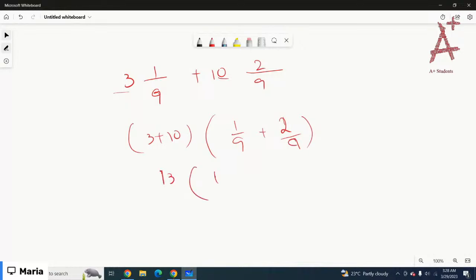So it would be 13. They have the like denominator, so simply add: 13 whole 3 over 9. For the fraction, we can divide by a common number, that is 3. Just divide them by 3. So it would be 13 whole 1 over 3. Got it? The correct option is 13 whole 1 over 3. Got it?